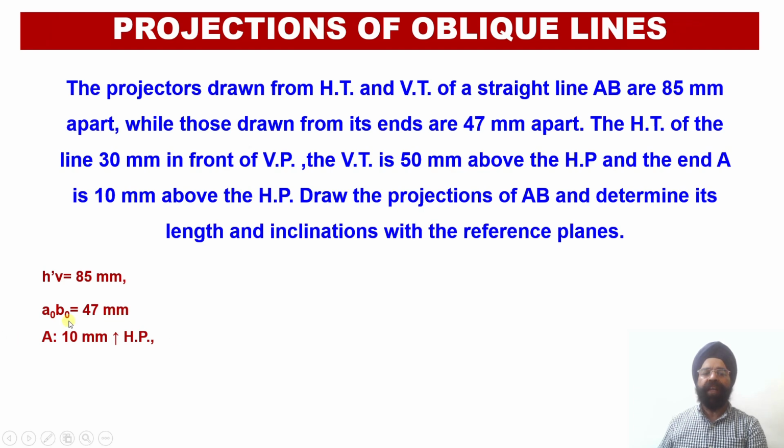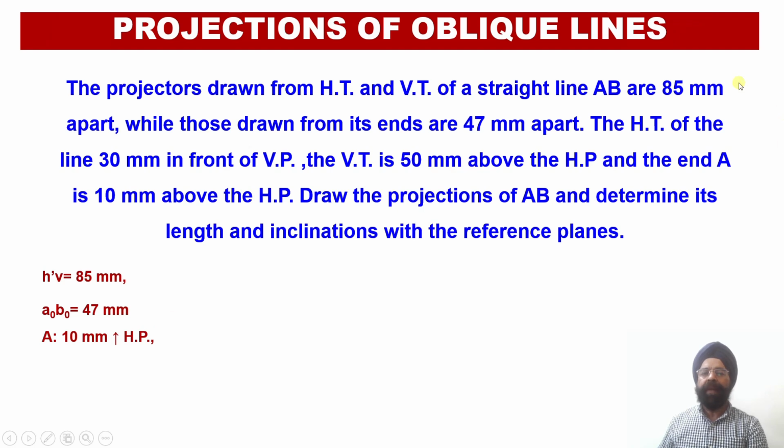Similarly, B naught is the point of intersection of the vertical projector corresponding to the end B with the XY reference line, so whenever we draw the vertical projector line joining the points b' and b, the point where it intersects the XY reference line is called B naught. So this horizontal distance A naught B naught, measured along the XY reference line, is 47 millimeter.